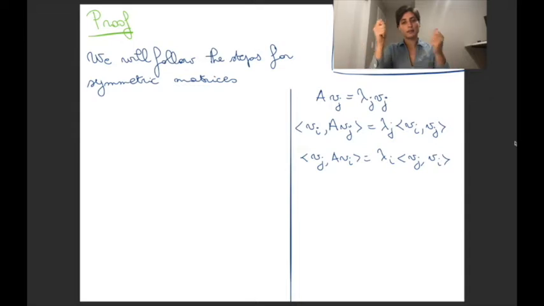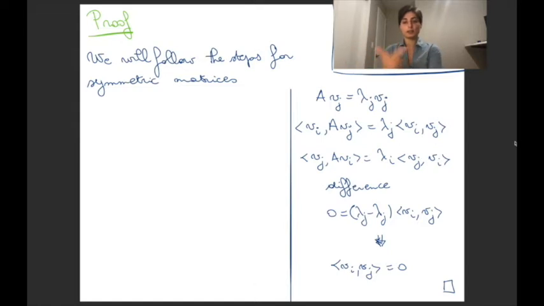Then we use the inner product to multiply Vi times Avj and Vj times Avi. Then we have the eigenvalues that pop out of the inner products, and we are left with the inner product of Vi times Vj and Vj times Vi.